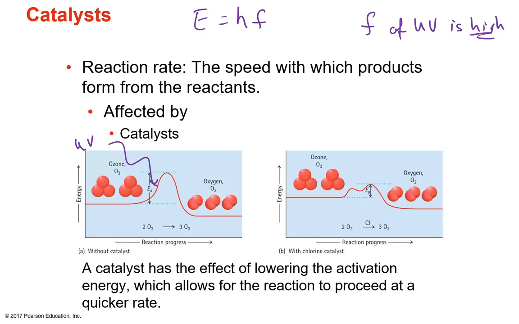And so visible light will cause the ozone to break down if there's chlorine present, then the ozone layer depletes because the sun puts out a lot of visible light. And so we want that ozone there because it keeps us from getting skin cancer as often. But if we have chlorine atoms up there in the ozone layer, it's going to break down quickly because of the visible light. And because of that, we as humans have changed our habits.